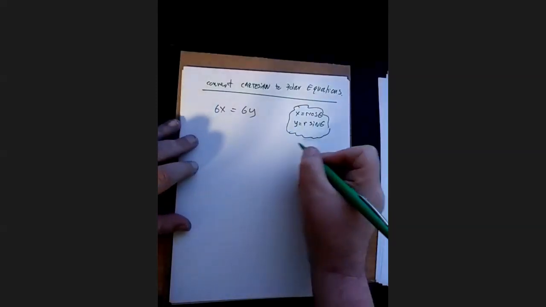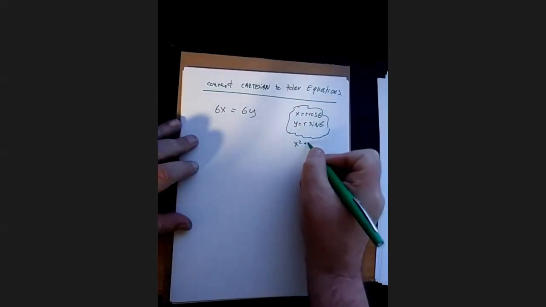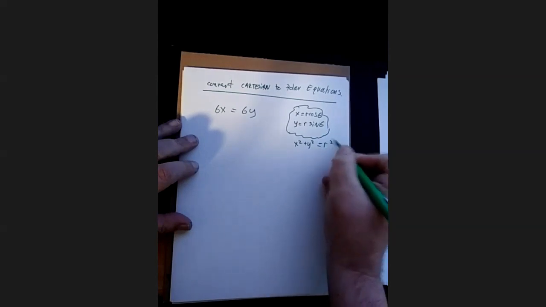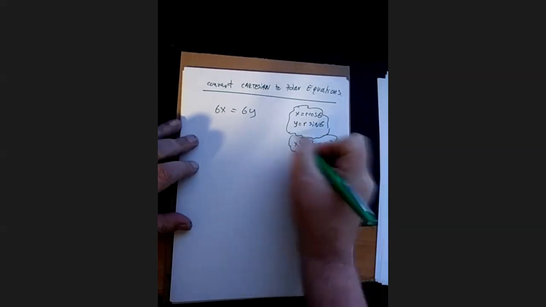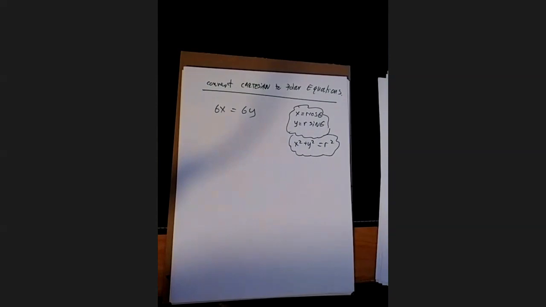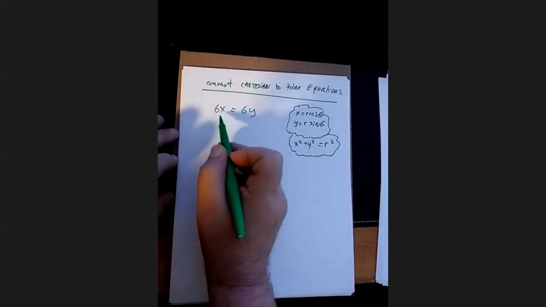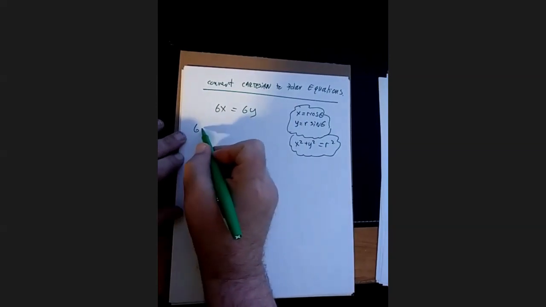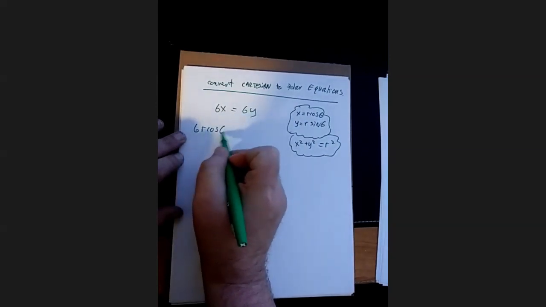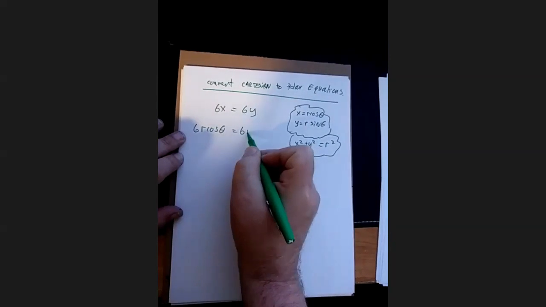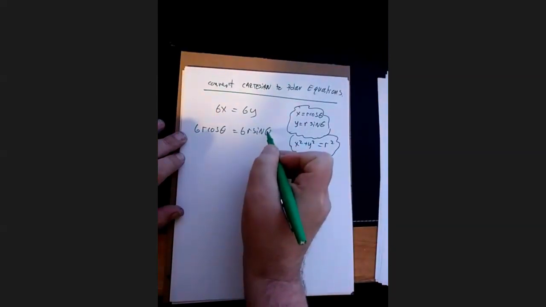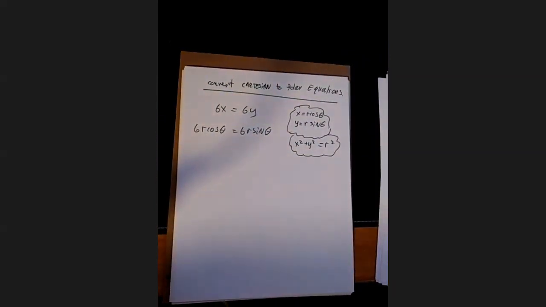And not for this question, but for some questions, you can also use the fact that x squared plus y squared is equal to r squared. So let's put it into practice in this one. 6 times r cos theta equals 6 times r sin theta. So I've just replaced the x with the x and the y with the y. Wasn't that painful, right?